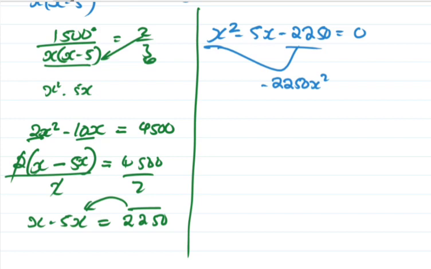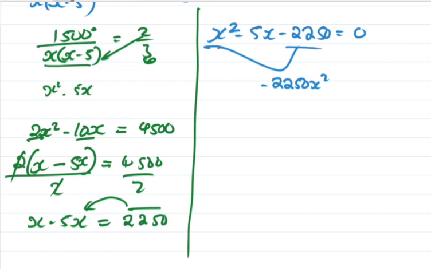So our answers, what can be the answer here? The difference between the two numbers should be 5. No, 45 and 50. Yeah, should be 45 and 50.